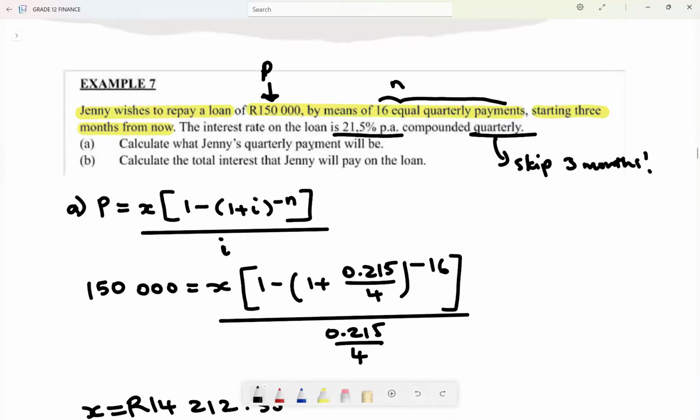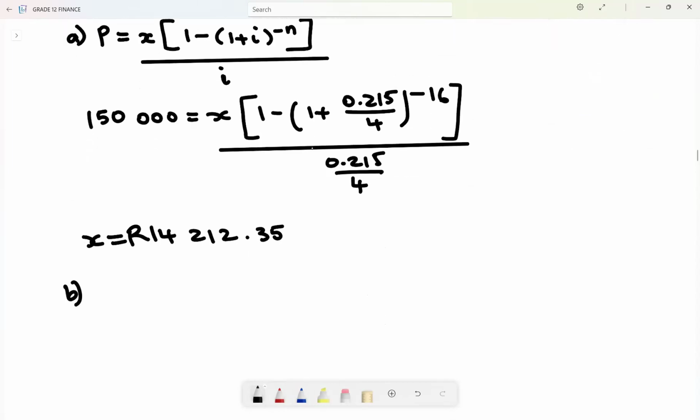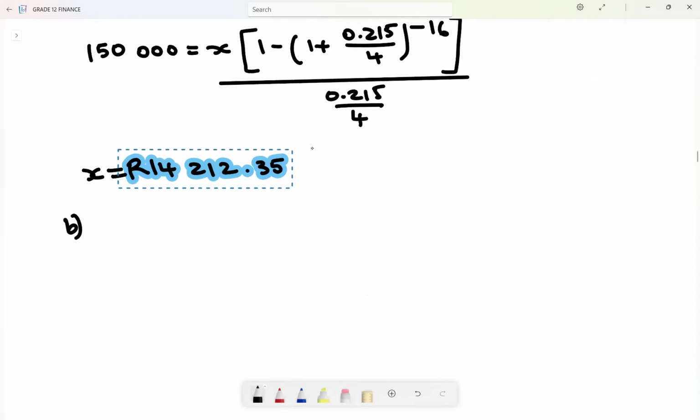Remember, n is equal to the number of years multiplied by the period. So n is 16, the number of years you do not know, and the period is quarterly, which makes 4. So years is going to be 16 divided by 4, which is in actual fact 4 years. Now let's see if Jenny pays this amount for 4 years, how much it will grow to.